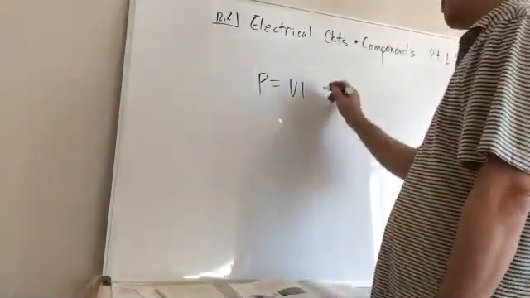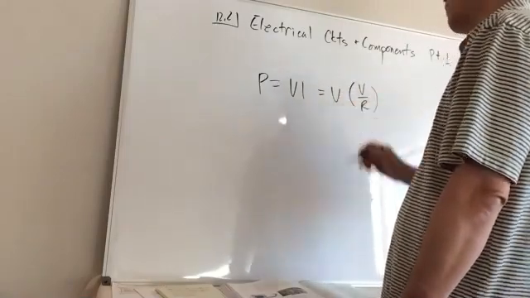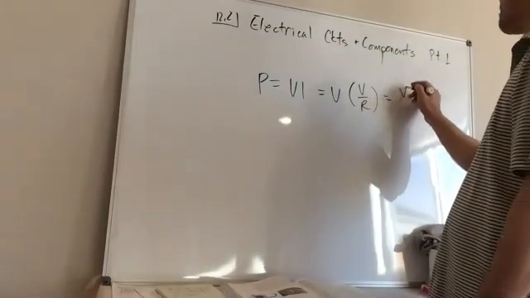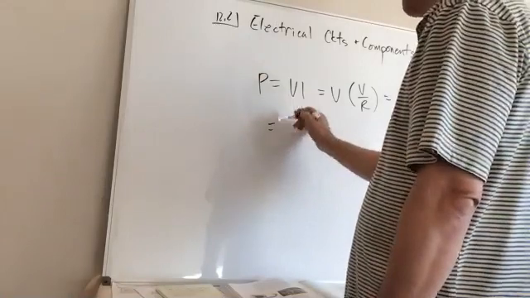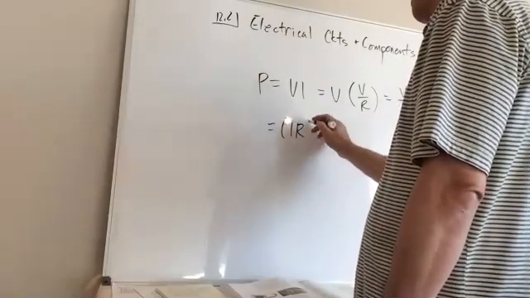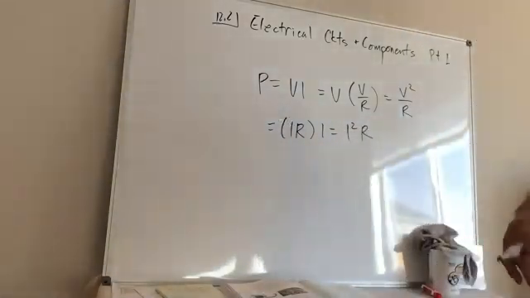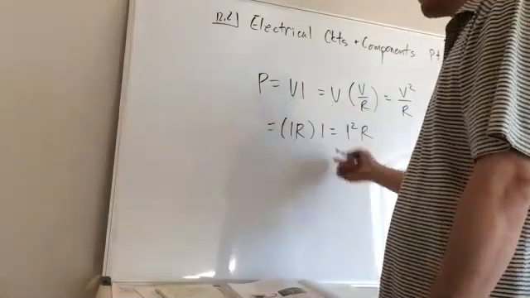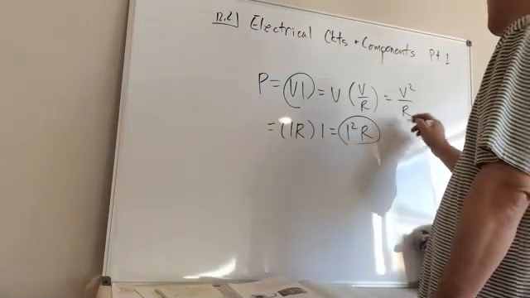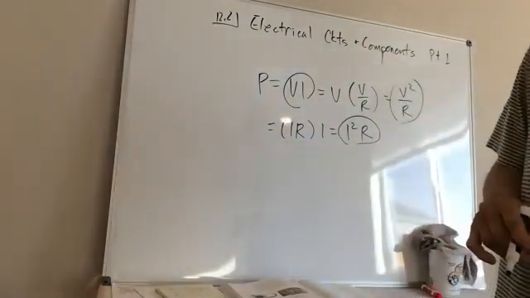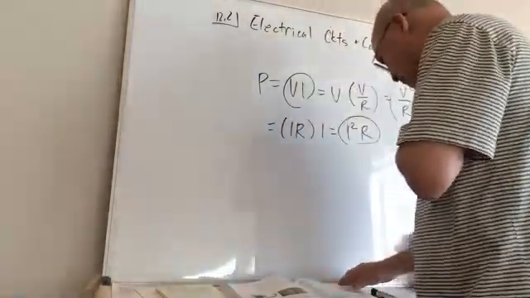Now, since we already know that I was V over R, this can be rewritten as V squared over R. Also, V was equal to IR, so P equals I squared R. There are several derivative formulas that come out of this, so you can go like this, or like this, and they're all the same equation. They come from the same source.